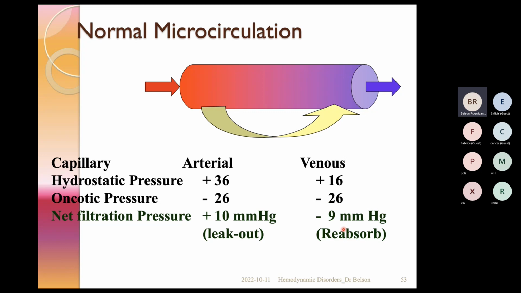Being negative means now things which are outside will be attracted to come inside a vessel. Here is where what was outside the cells, from the tissue fluid, will be carried back by the blood into the veins, then sent to the heart and lungs to be given oxygen again. It will also meet other nutrients coming up from the liver from the intestines, and so it goes. That is how the human body is made. Here we have reabsorption, while here we have filtration. This is in normal condition.